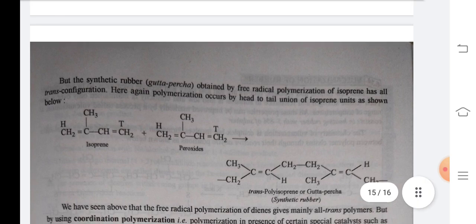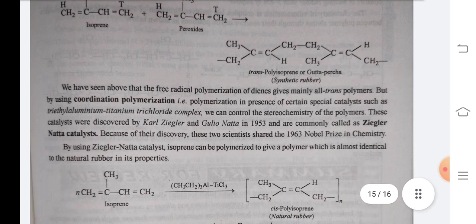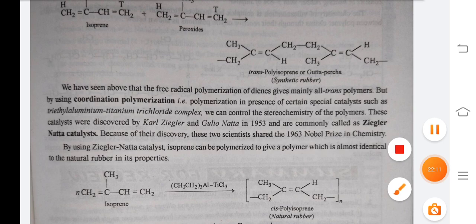We have seen above that the free radical polymerization of dienes gives mainly all-trans polymers. But by using coordination polymerization, that is, polymerization in the presence of certain special catalysts such as the triethylaluminium-titanium trichloride complex, we can control the stereochemistry of the polymers.